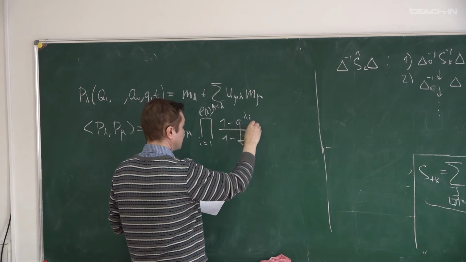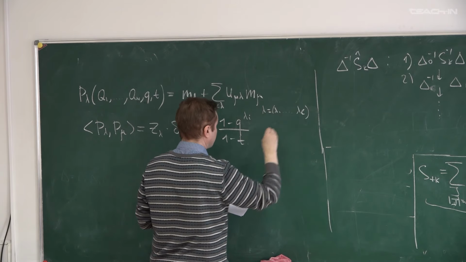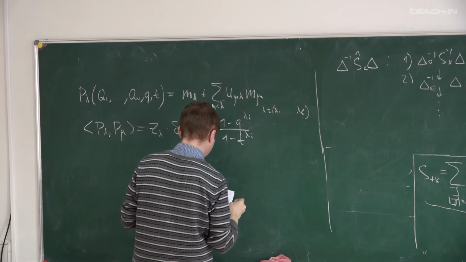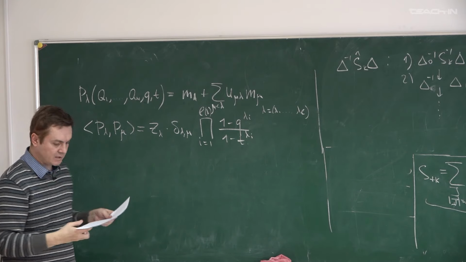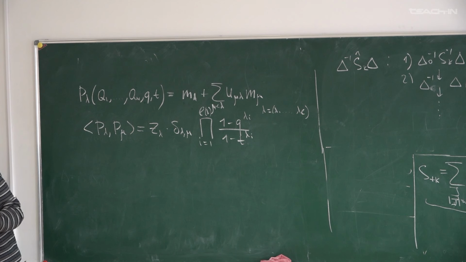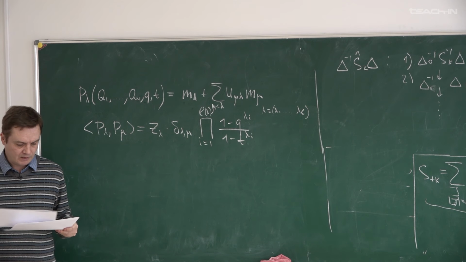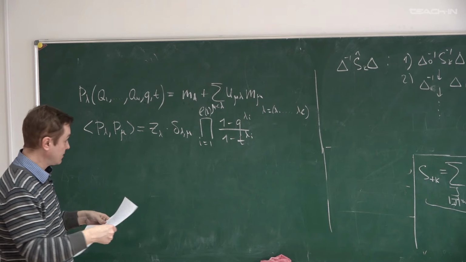And these are parameters of a partition. We have some partition which defines this symmetric polynomial. And so this is a scalar product. I'm not sure if I have here a formula for z, but yes, I have it.